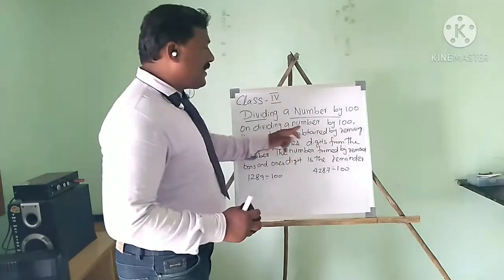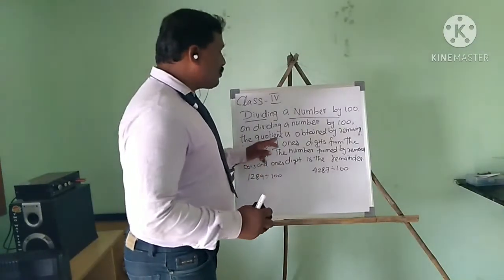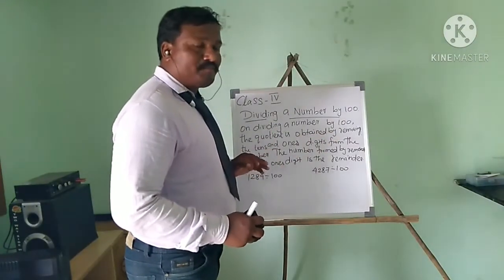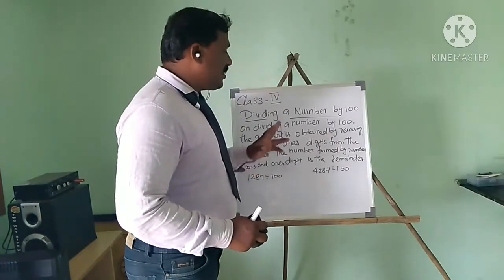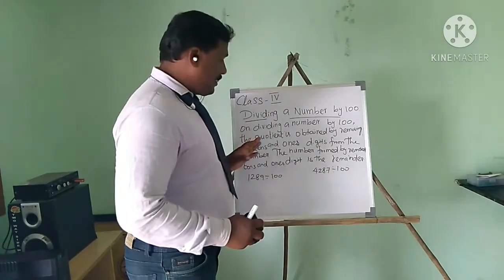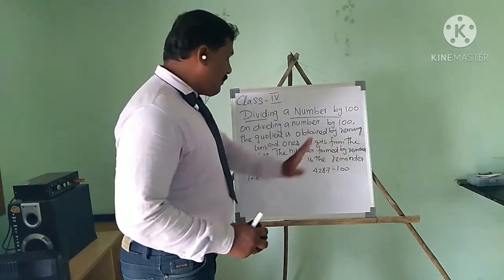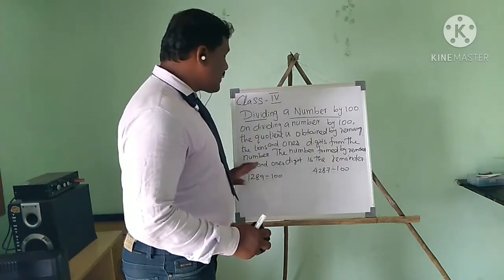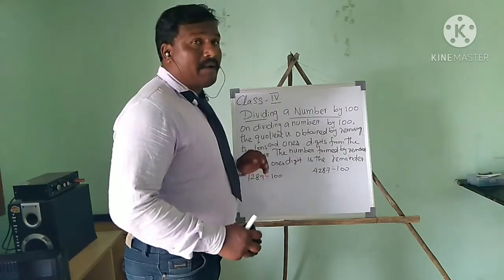On dividing a number by 100, the quotient is obtained by removing the tens and ones digits from the number. The number formed by the removed tens and ones digits is the remainder.